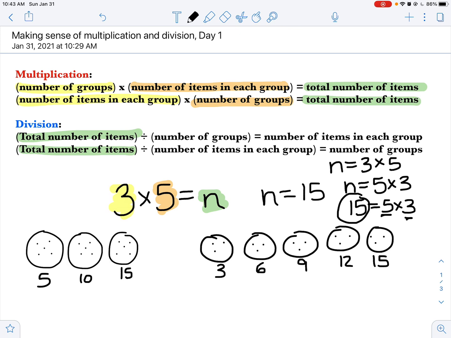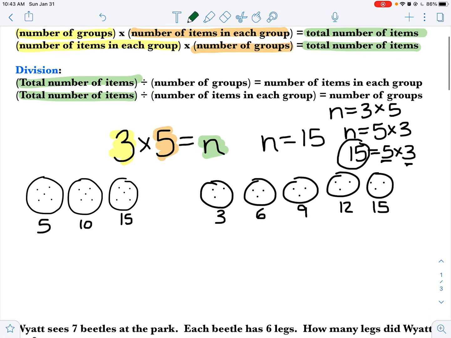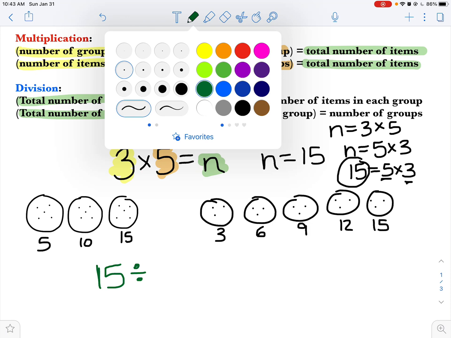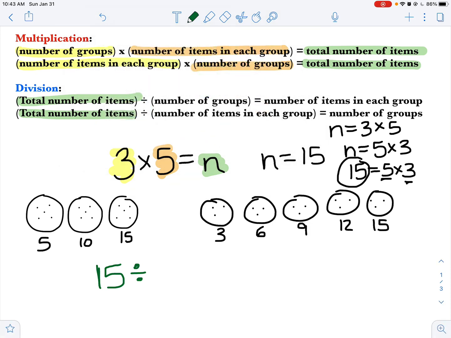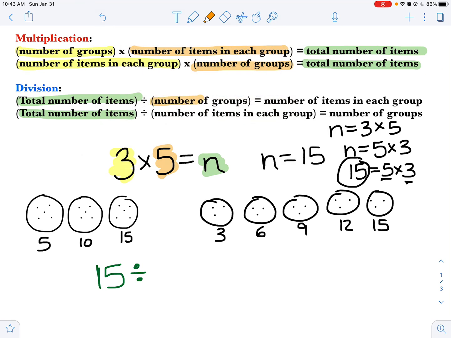When we look at division, we are always going to start with our total. So our total number of items in this case is 15. So we would start with 15. And then we can either divide it by the number of groups, which could be 3, to get us how many end up in each group.